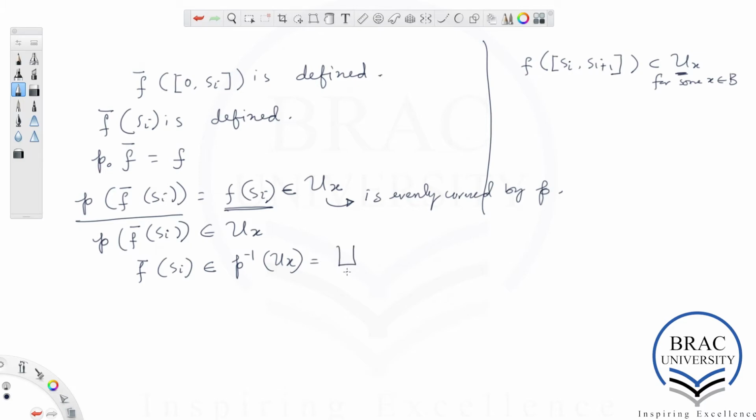That can be written as a disjoint union of open sets V alphas in the topological space E. This is our equation number 2.